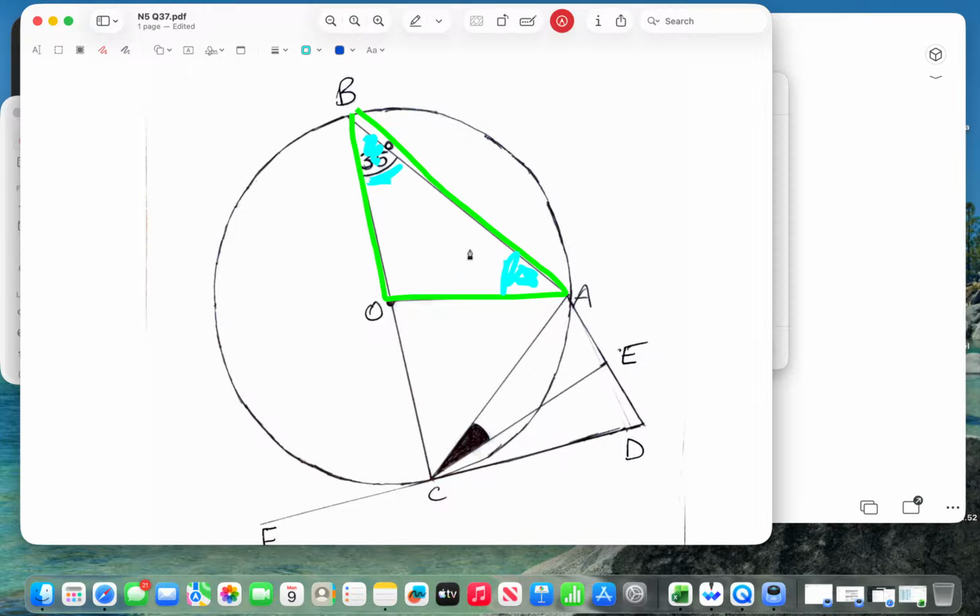Look at the sides opposite those angles. It's this side and this one.